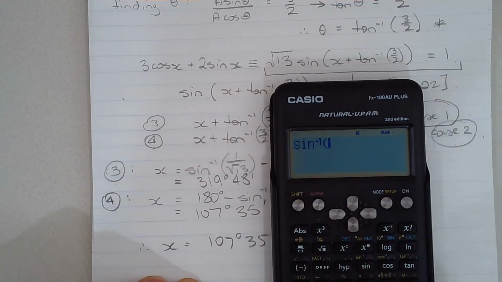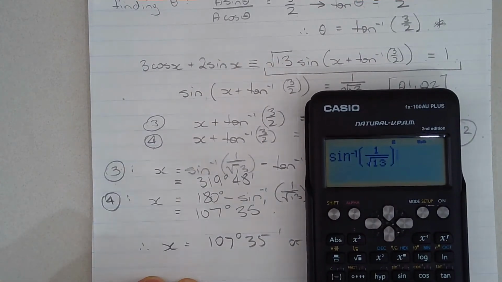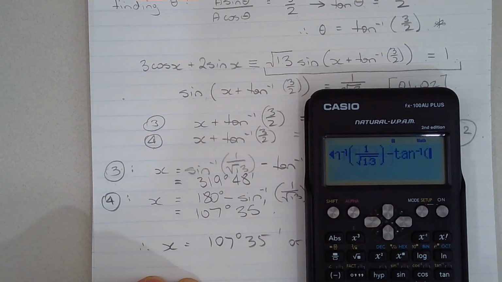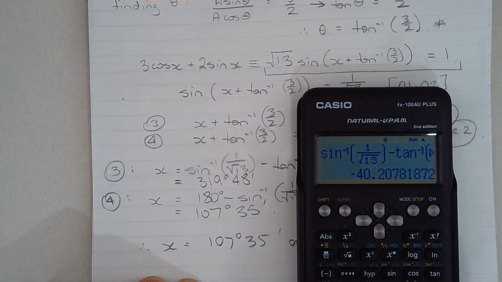I've missed a step here to speed up the explanation, but I want to make sure that I explain this particular point. Minus inverse tan of 3 on 2. Now that's going to give you a negative angle, and you'll end up with negative 40 degrees or thereabouts, or negative 40 degrees 12 minutes.